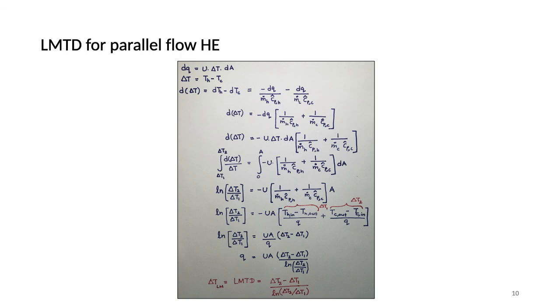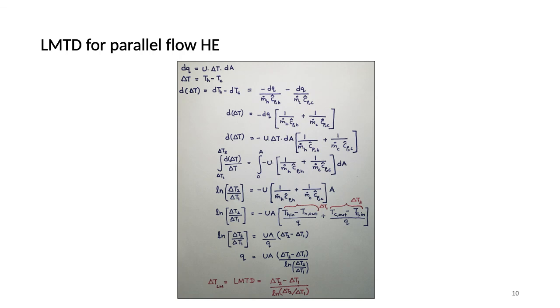We take the differential form of delta T equals Th minus Tc as d delta T equals dTh minus dTc, and we can use dTh and dTc from the equations we developed in the previous slide. Then solve this equation for d delta T and then integrate it from delta T1 to delta T2, the left hand side, and 0 to A, the right hand side.